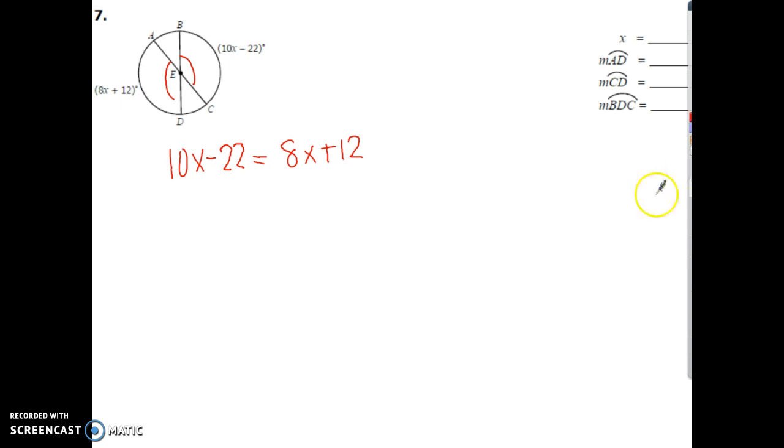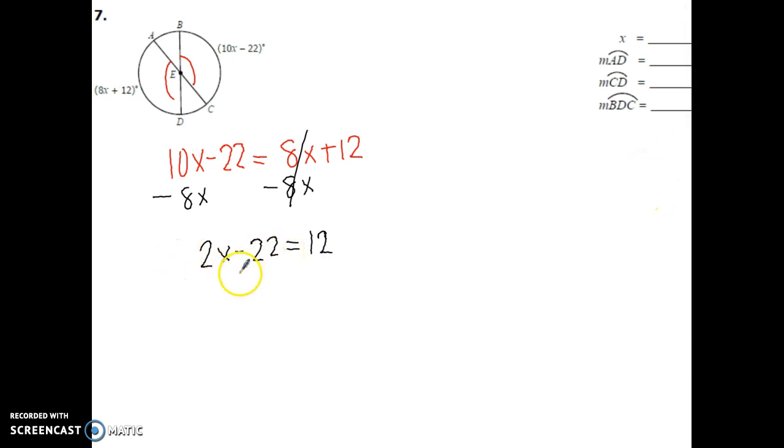I'm going to start off like I always do by moving my smallest variable, so that's going to cancel. Minus 8x on both sides, and we have 2x minus 22 equal to 12. Then from here, I am trying to isolate x, so I'm going to add 22 here and 22 on my other side as well.